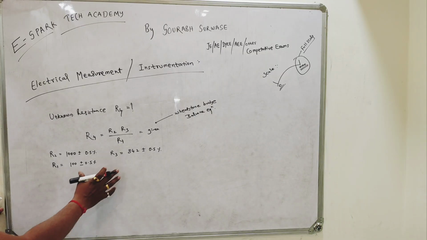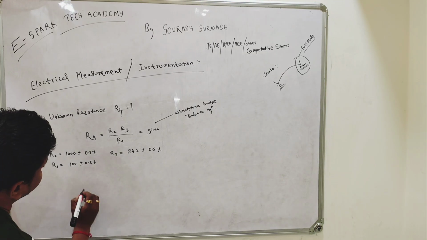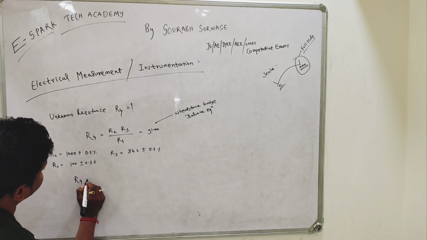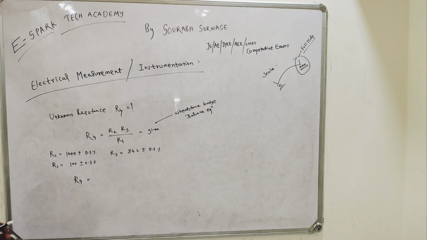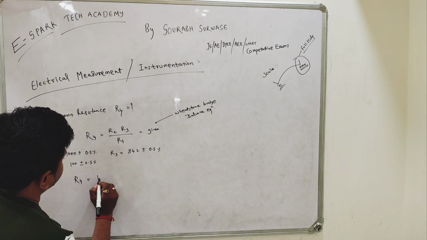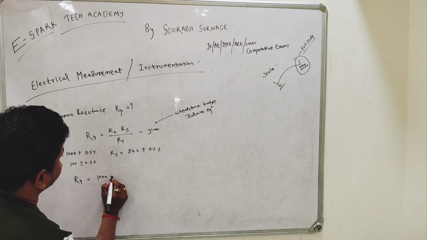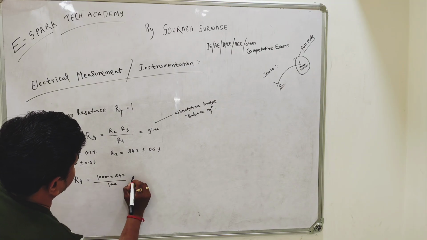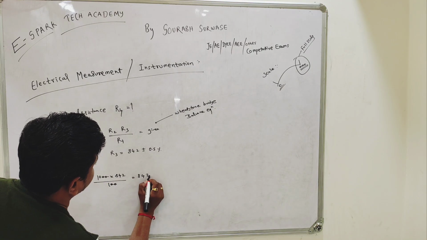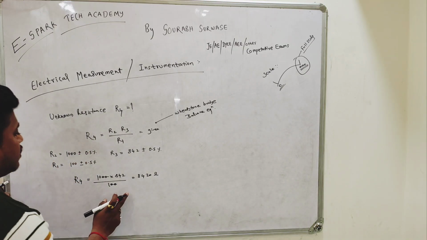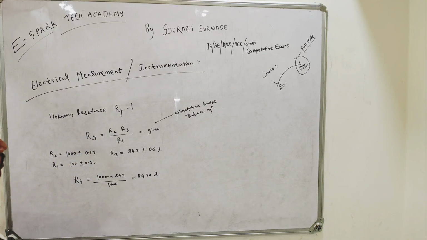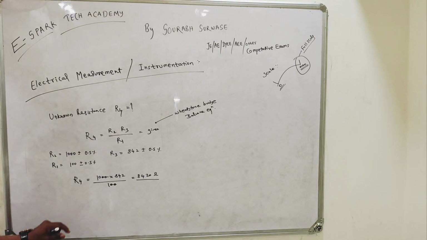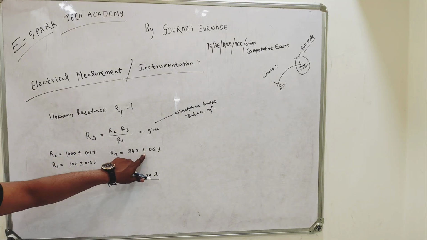Now from these given values we will calculate R4. First we will calculate the magnitudes of these. Magnitudes in the sense 1000 into 844 divided by 100. You will get 8420 ohms as per calculation. It is nothing but a magnitude, and these others are nothing but the errors.